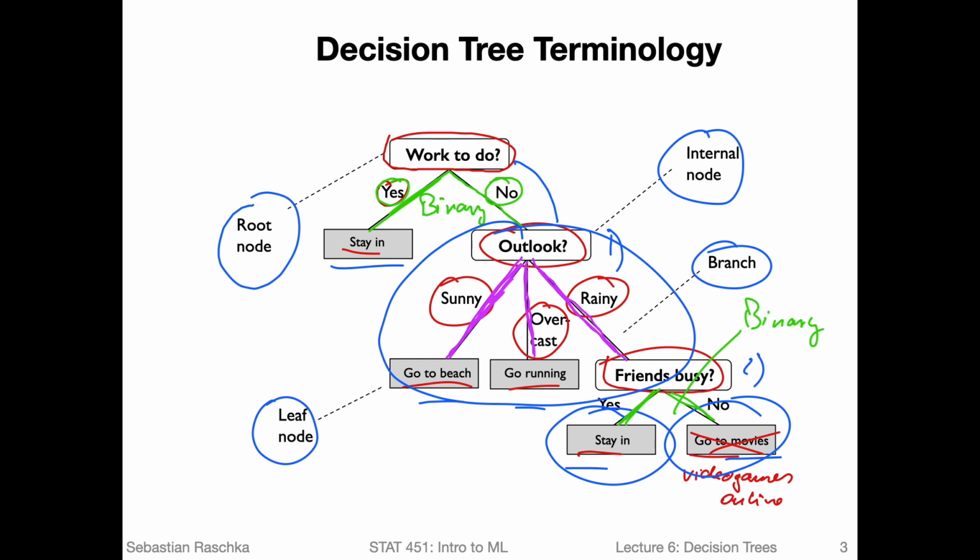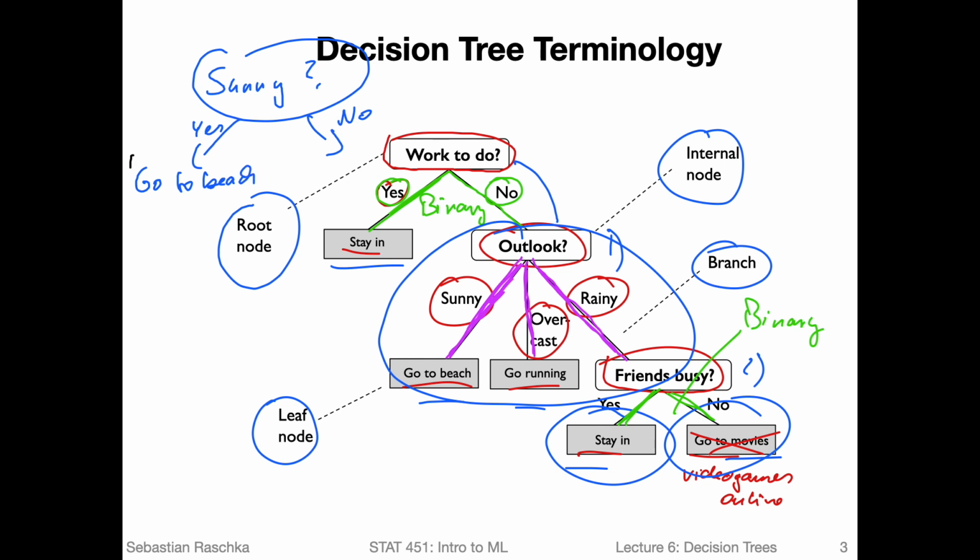For example, then we can have a node that is asking the question, is it sunny? And then we can have a yes and a no. And if it's yes, we can say go to beach. And if the answer is no, we can ask the next question, is it overcast?